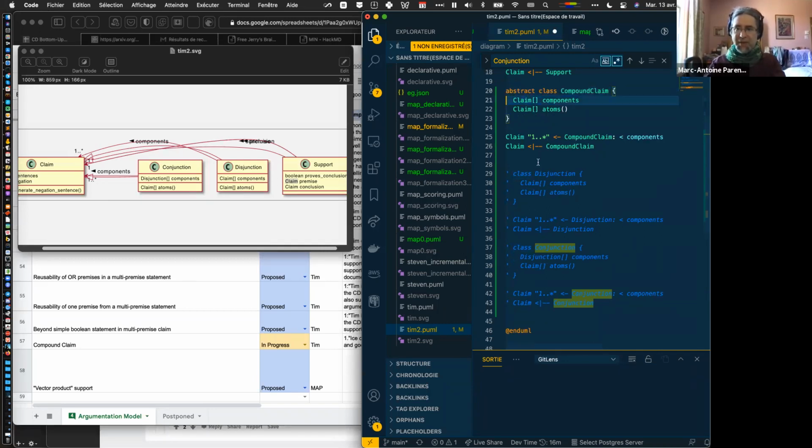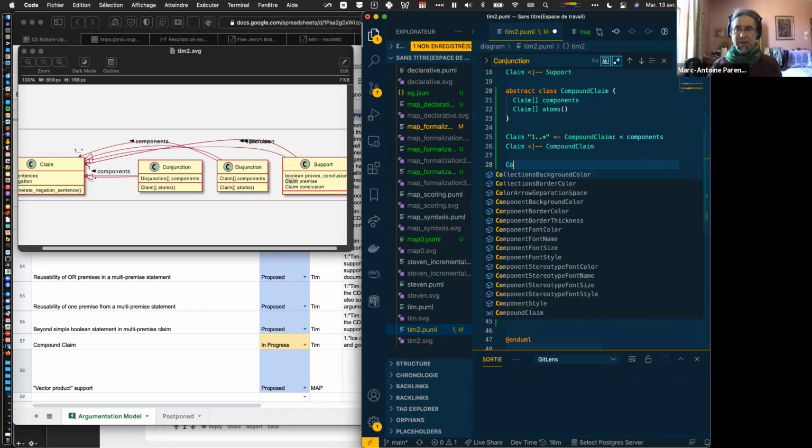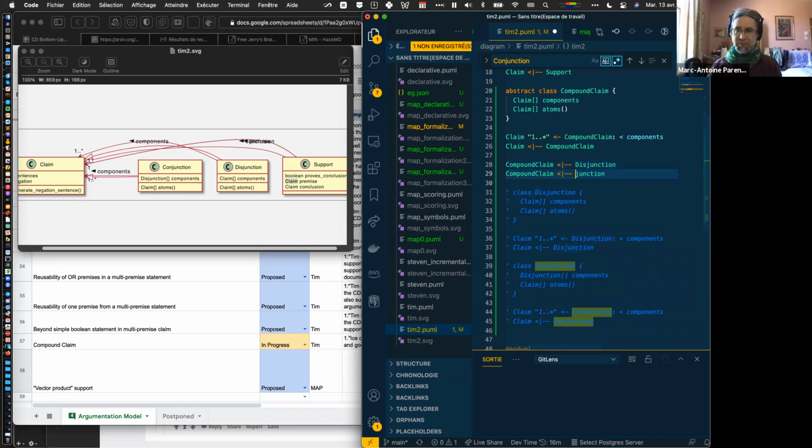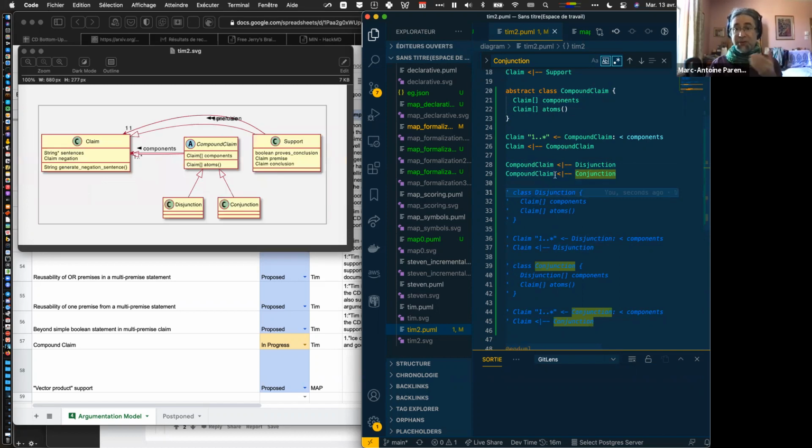And then have compound claim, disjunction, compound claim, conjunction, and so on. There I'm absolutely not imposing the vector product and whatever. And there I'm not imposing conjunctive normal form in the model.